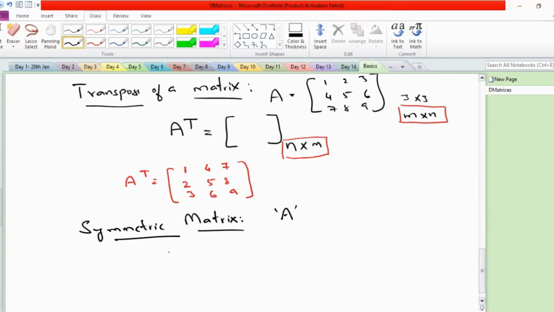There is a property. If A equals A transpose, then A is called a symmetric matrix.